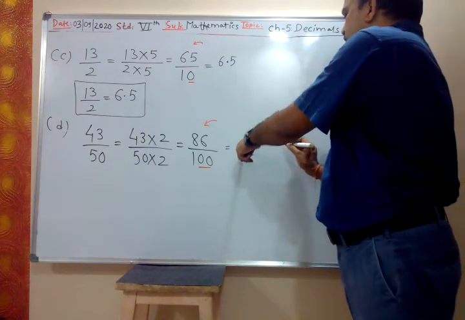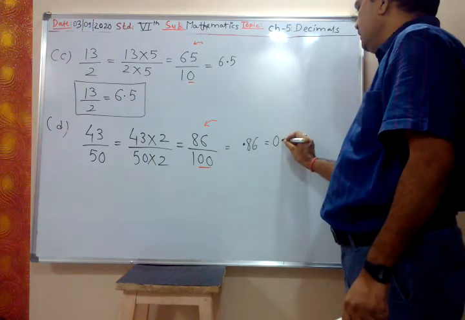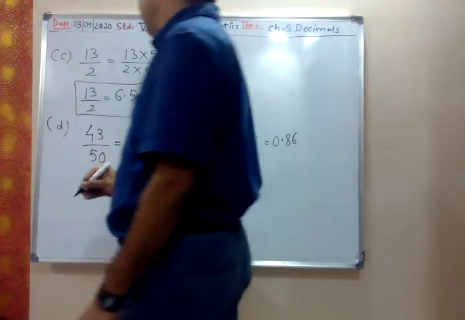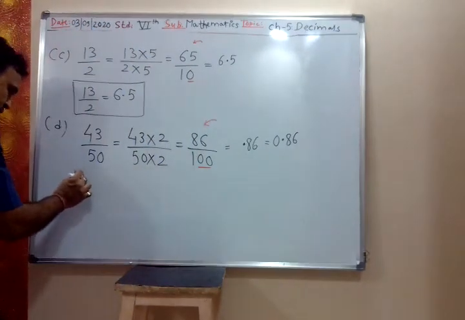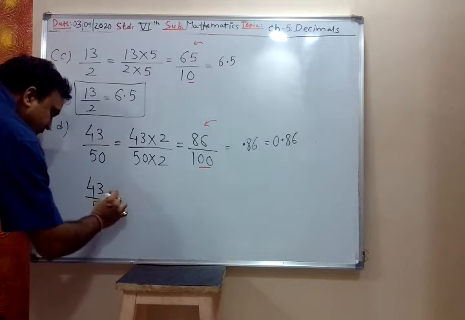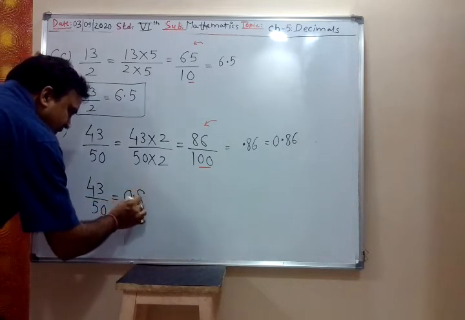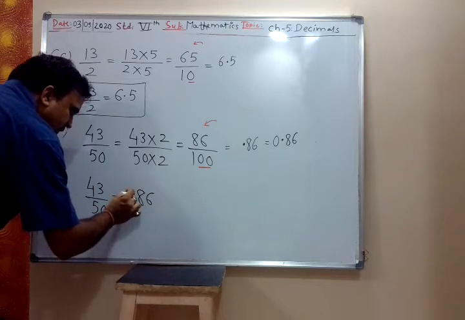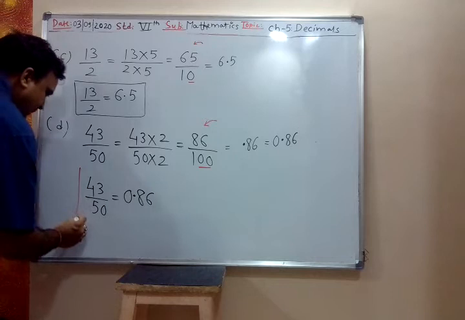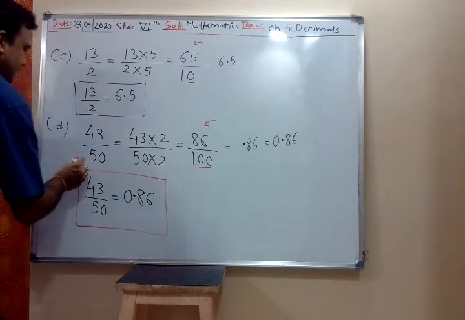Before the point there is no digit, so I can write 0. So 43 upon 50 is 0.86.